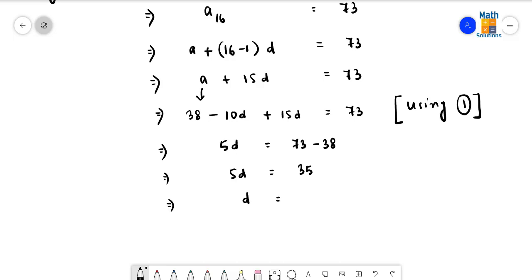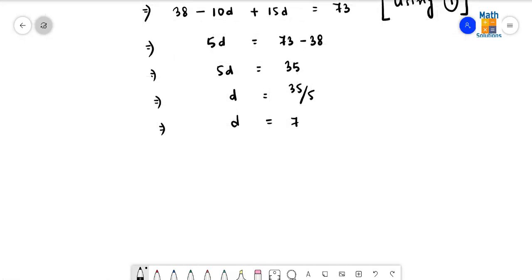So the value of d is 35 by 5, and we get d to be 7.